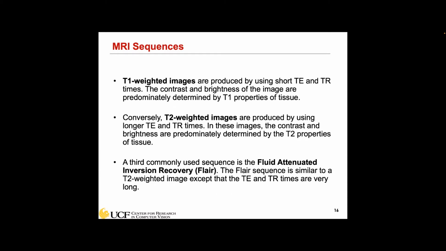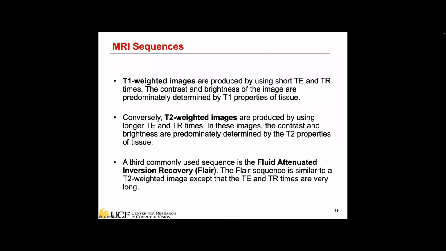So the T1 weighted images are produced by using a short time of echo, TE, and repetition time, TR. The contrast and brightness of the image are predominantly determined by the T1 property of the tissue, okay? Then the T2 weighted images are produced by using longer TE and TR times, right?